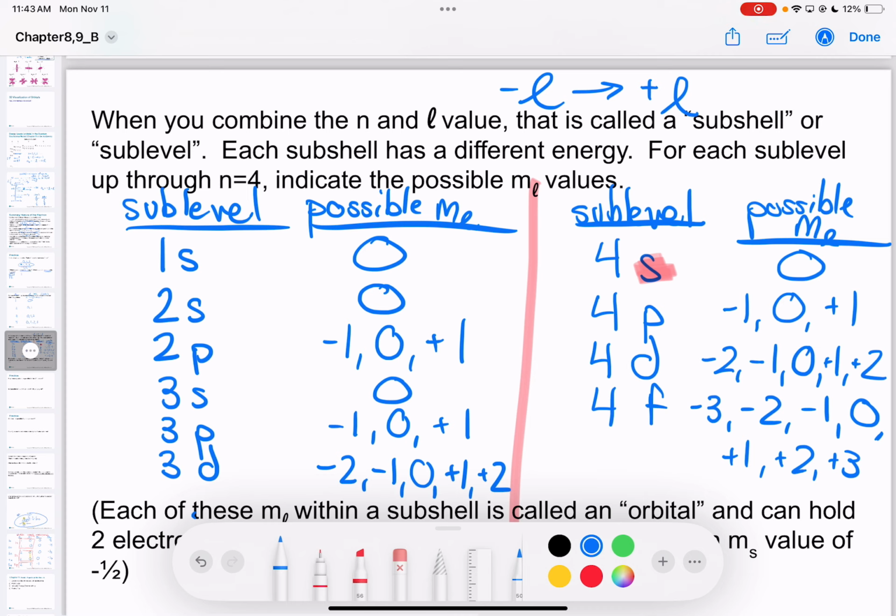Like I said, all of this practice is helping you to establish in your head what the possible orbitals are, and then eventually knowing the energy associated with those orbitals. So the ultimate picture you're going to be drawing in your head is that chart from the end of last class.